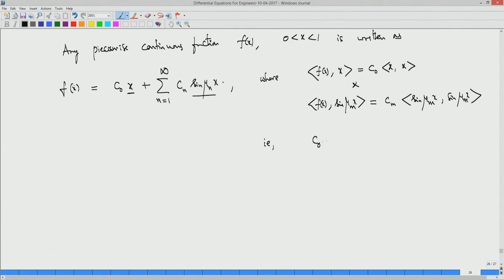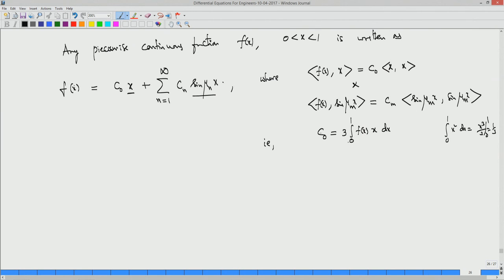C0 is now the integral from 0 to 1 of f(x) times x dx, since the weight function is only 1, so it is the usual dot product, divided by the integral from 0 to 1 of x squared dx, that is x cube by 3 between 0 and 1, so it is 1 by 3. So, you finally get C0 as this.